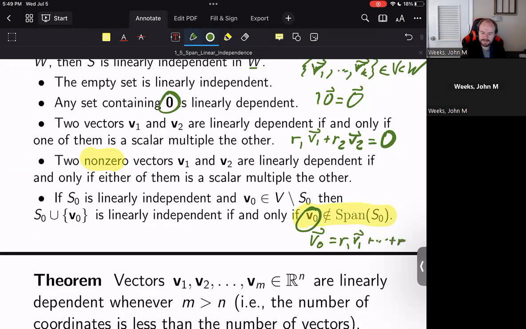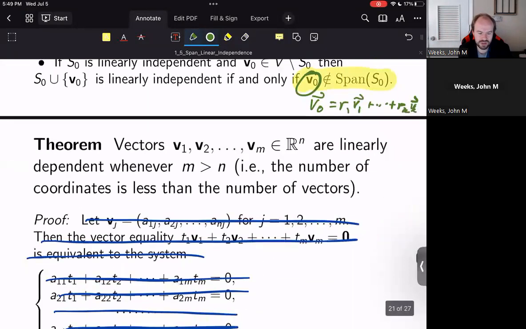On the other hand, if V naught is not in the span, then there's no way to introduce a linear dependence relationship because V naught was not in the span to begin with. Span literally means linear combination. Since there are no linear dependence relationships in S naught to begin with, adding V naught doesn't introduce any new linear dependence relationships.